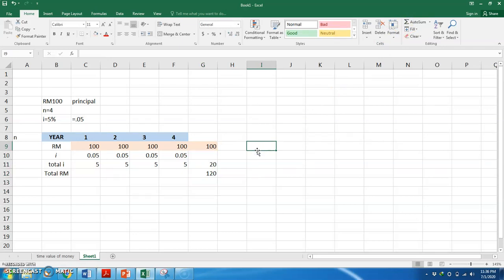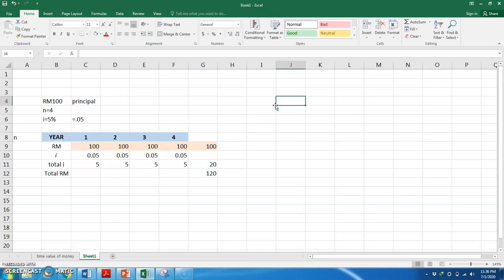I put my money there, I just sleep, and I have 5 ringgit extra every year. This is what we call time value of money. The bank keeps charging the interest. Understand or not? Year 1, year 2, year 3, and year 4.